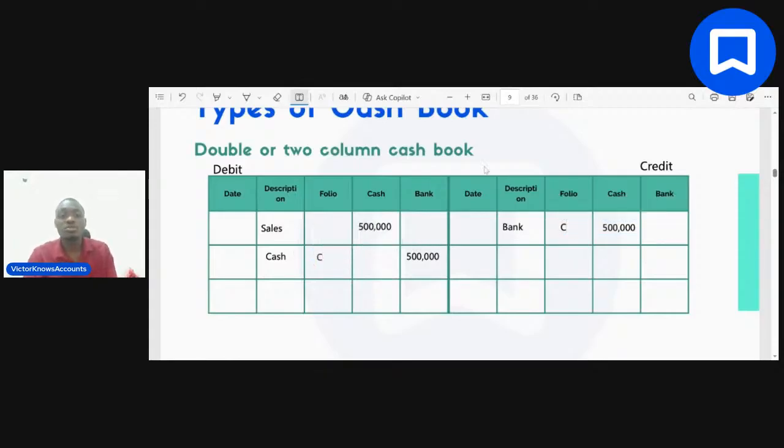Now, any knowledgeable person, once they see C, knows that this particular 500,000 naira that we can see in our bank, let me highlight it for you, this particular 500,000 naira came from where?